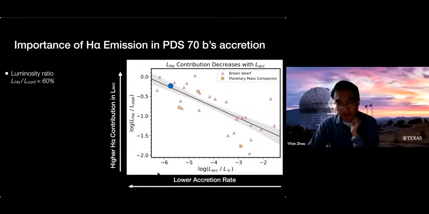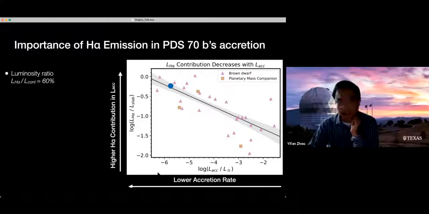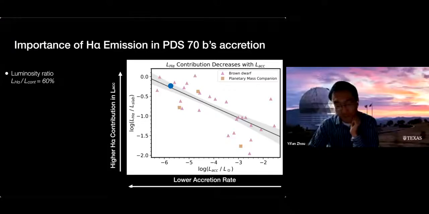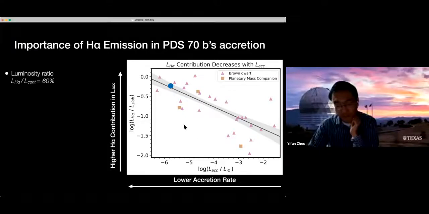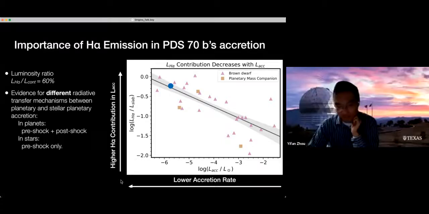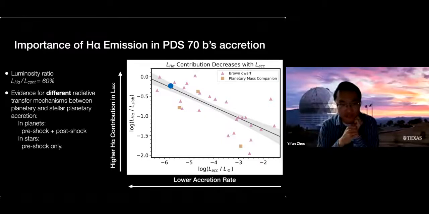It's outside the y-axis range we plot in this plot. So this can suggest a possible different radiative transfer mechanism between the accretion onto PDS 70 and the stellar accretion.